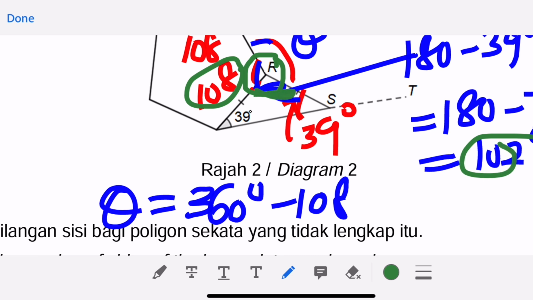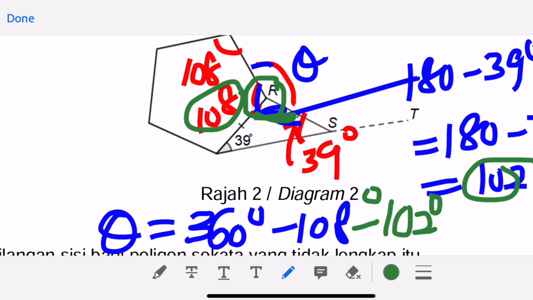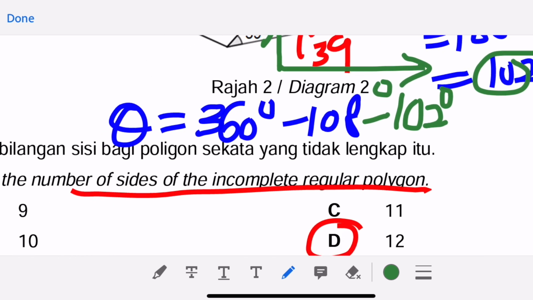This angle is 102. Okay, got it? So if you minus, you got 360 minus 108 minus 102. You get 150, which is the internal angle.